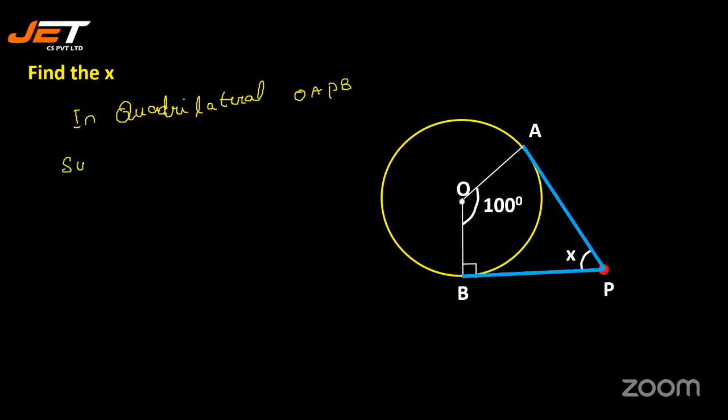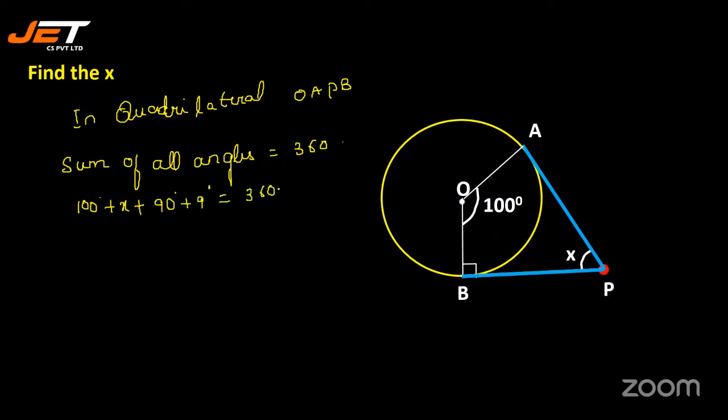So you have to write all this. Sum of all angles is equal to 360, which means 100 plus x plus 90 plus 90 is equal to 360.